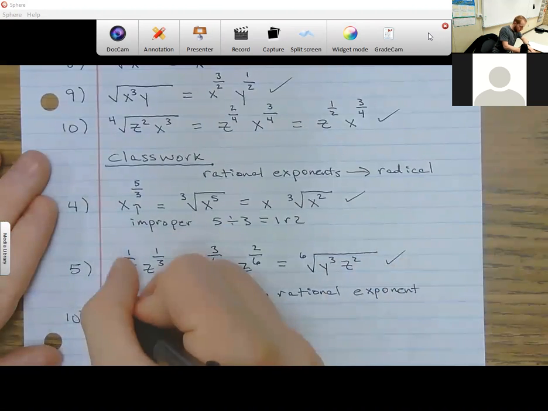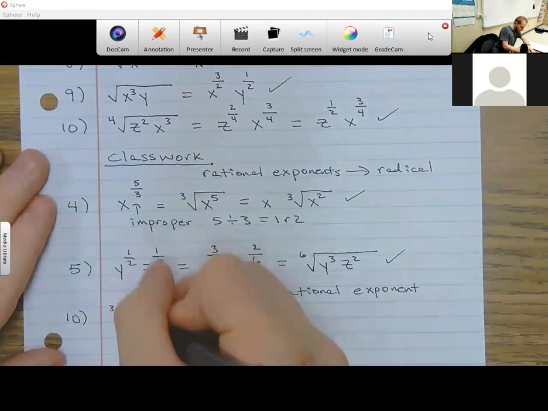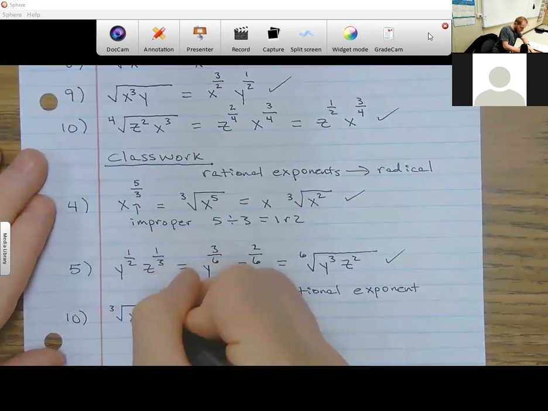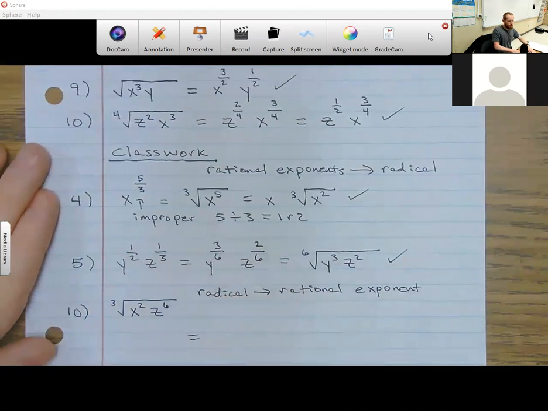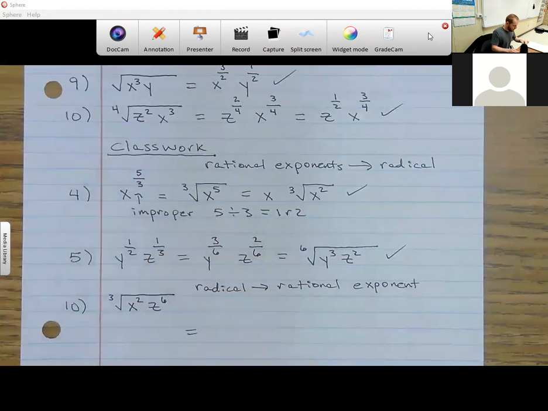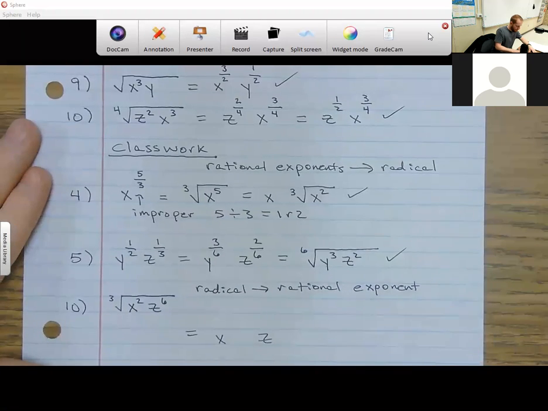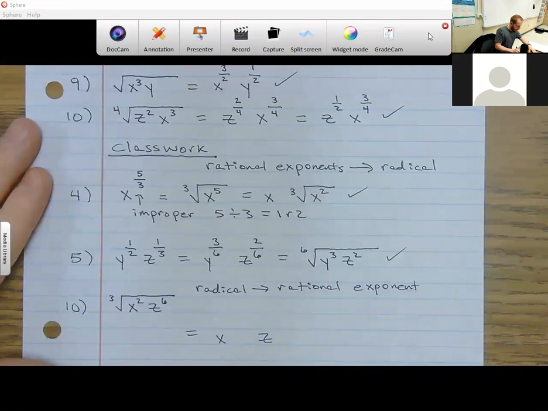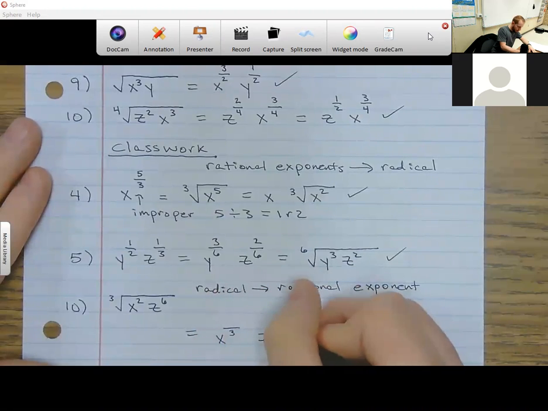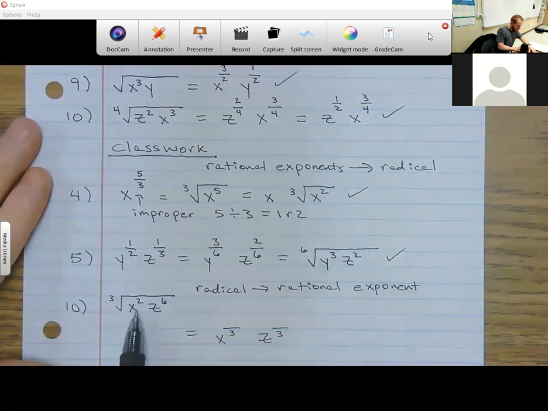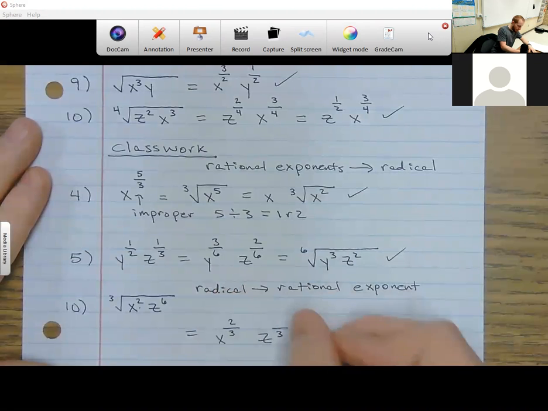So I've got the cube root of x squared z to the 6. Okay, so how would I write this as fractions? I would have an x, I would have a z, and then my common denominator is going to be 3 because that's the index. For the x's, I'm going to put a 2 on top. And then for the z's, I'm going to put a 6 on top.